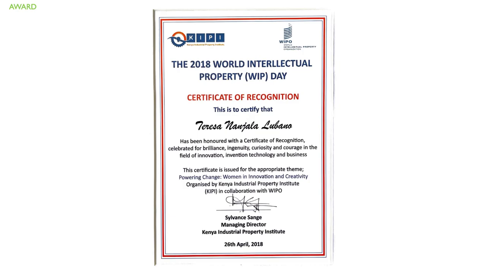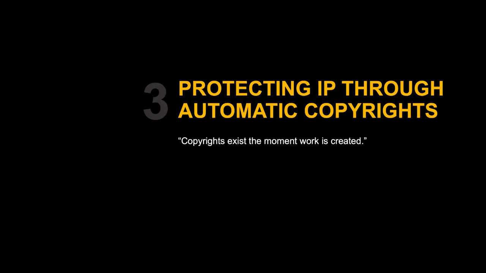I like this quote about copyrights, and it says, "Copyrights exist the moment work is created." So notice that I didn't say copyrights exist the moment one has an idea. So if you have an idea in your mind, it cannot be copyrighted. Copyrights cover published and unpublished works.